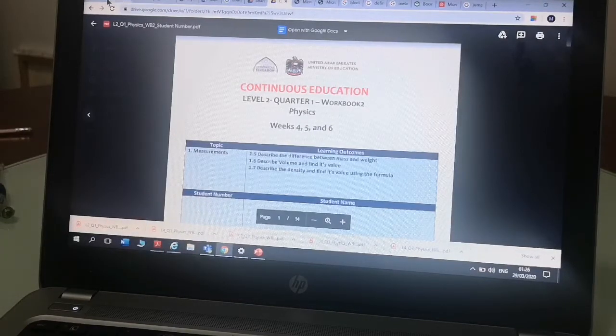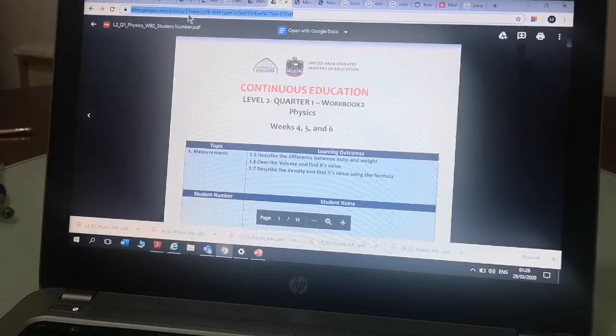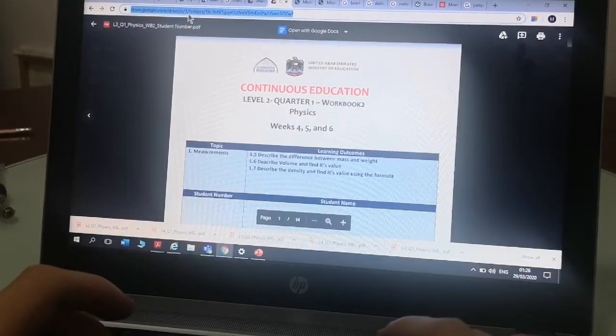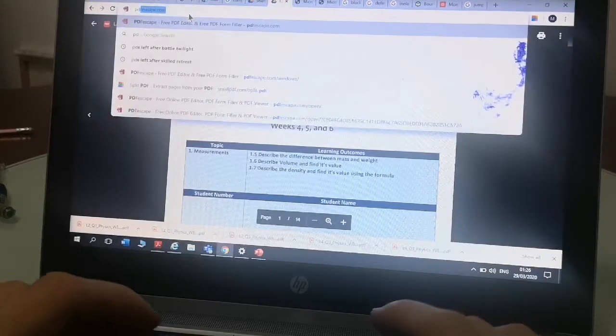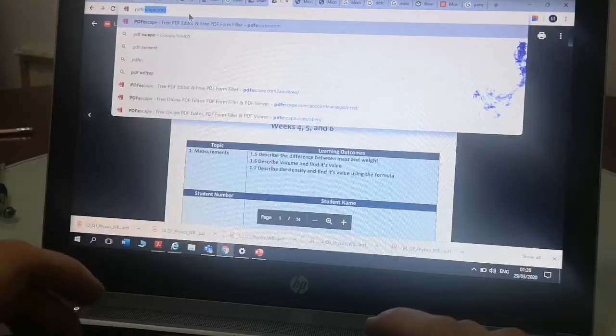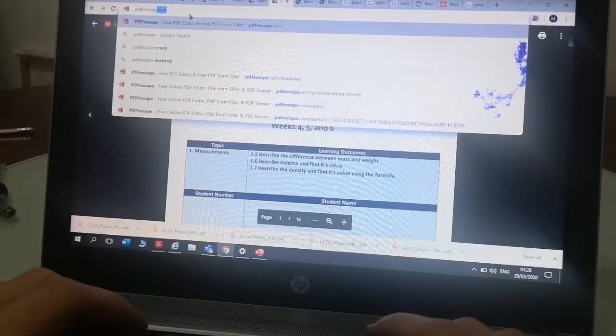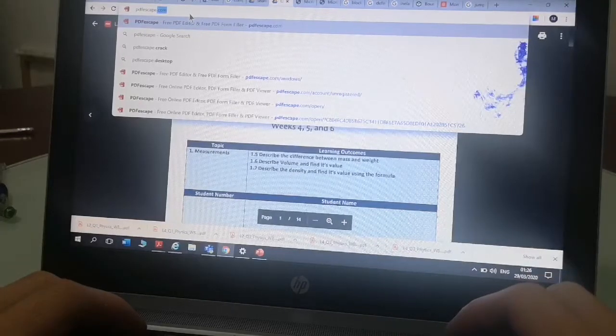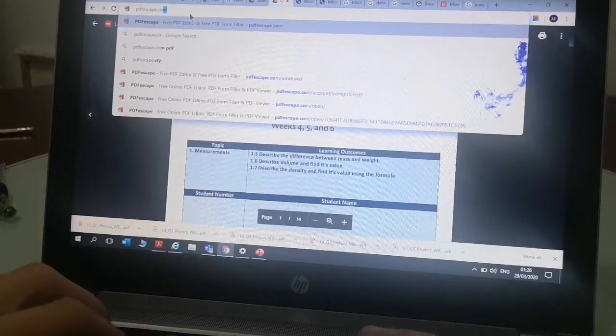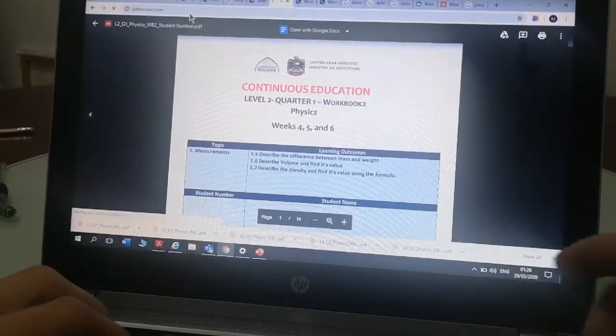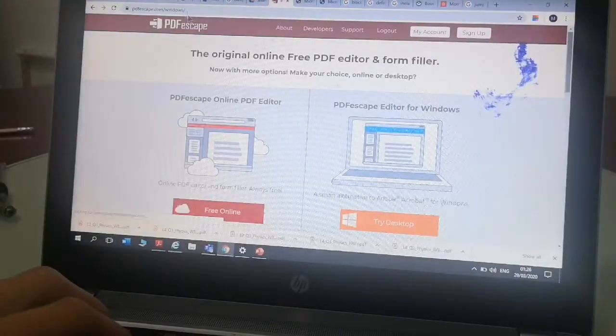So I just go into your browser, Google. I'm going to just type in PDF Escape, pdfescape.com. Now this website allows you to write on the PDF.